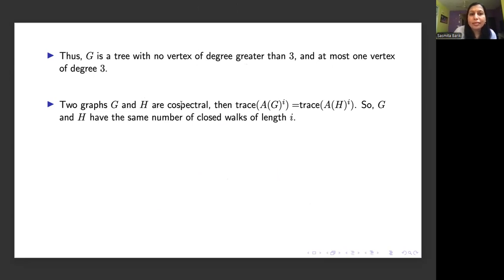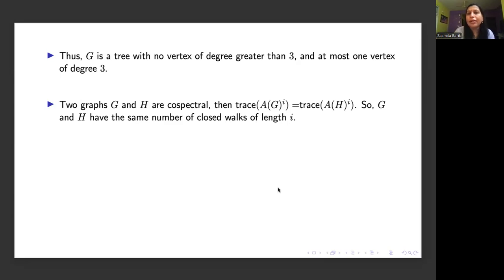In that case, what I said earlier: if two graphs are co-spectral, then the trace of AG to the power i is the same as the trace of AH to the power i. That means the diagonal entries of AG to the power i are nothing but the closed walks of length i for each vertex.